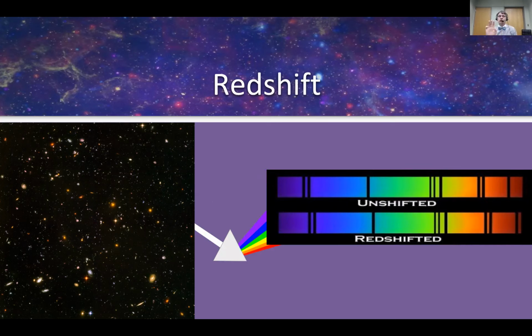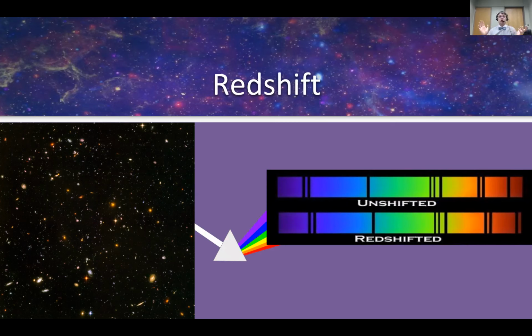It's a little bit too far towards the red, and that might happen because galaxies are moving away from us. Because the space between us and the galaxy is getting bigger, the wavelength of that emitted light actually gets redder, and that's due to motions of the galaxies through space, and that's kind of like the Doppler effect.